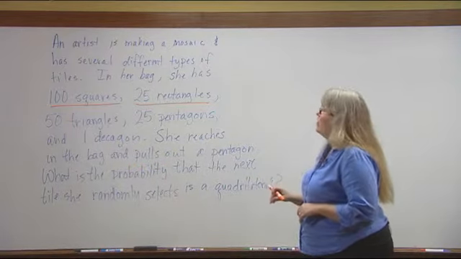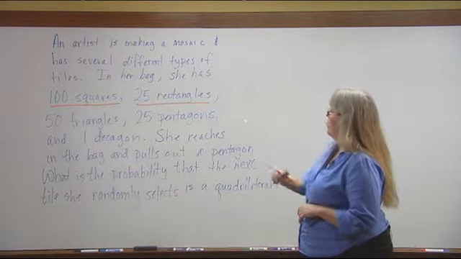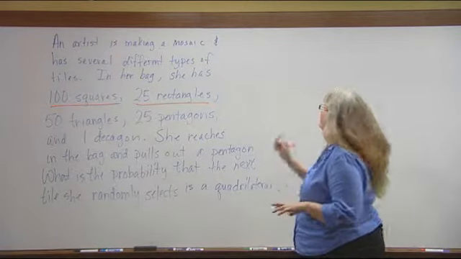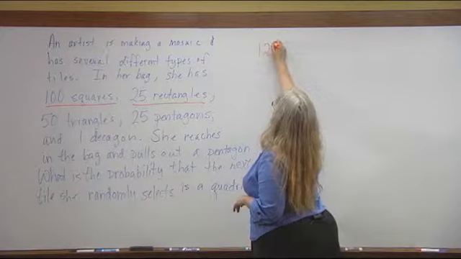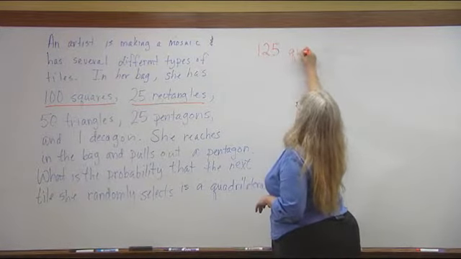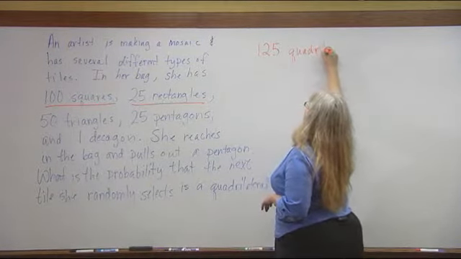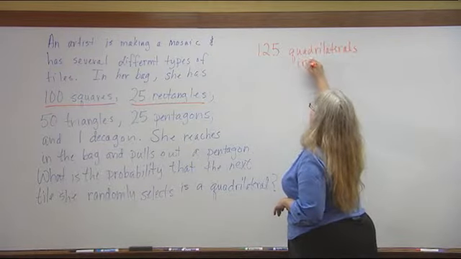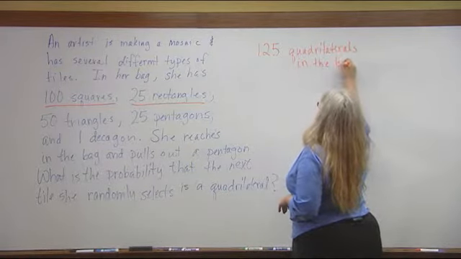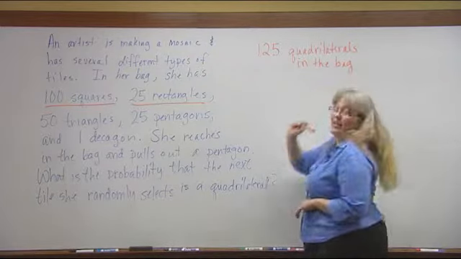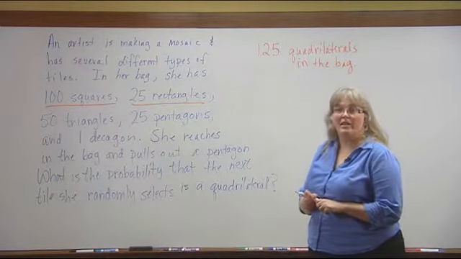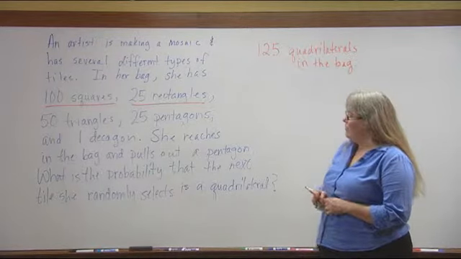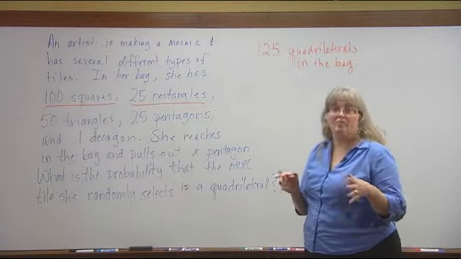So we have a total of 125 quadrilaterals in that bag. Okay. Now, as we try to find the probability of pulling out a quadrilateral from the bag, we have to know how many shapes are in the bag.